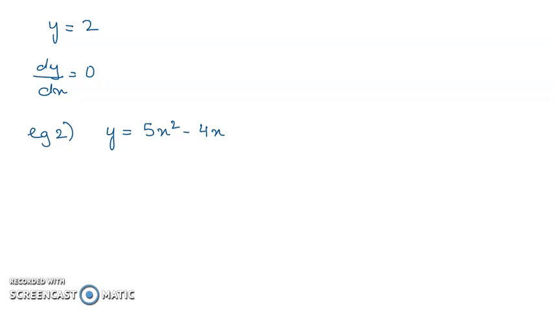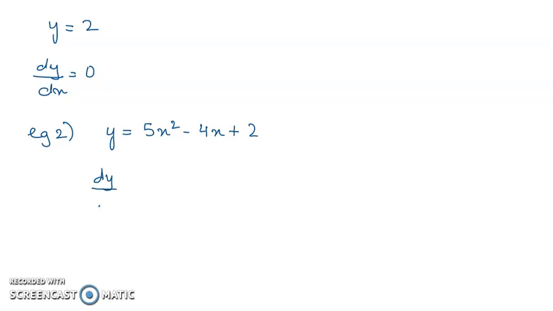When you have a constant, we have our equation y equals 2. When you're differentiating it, the answer will be 0. Y equals 5x square minus 4x plus 2.